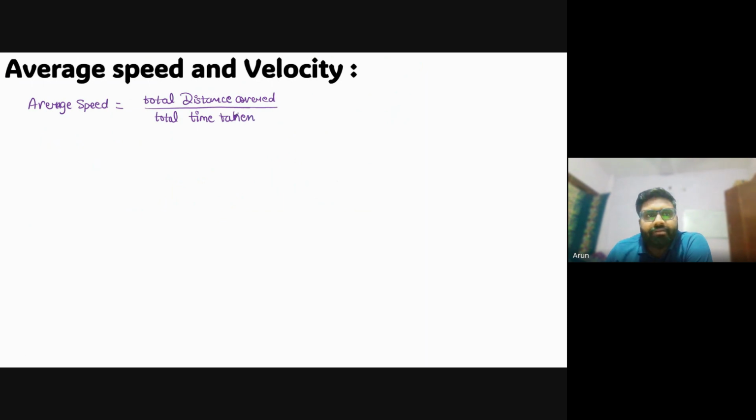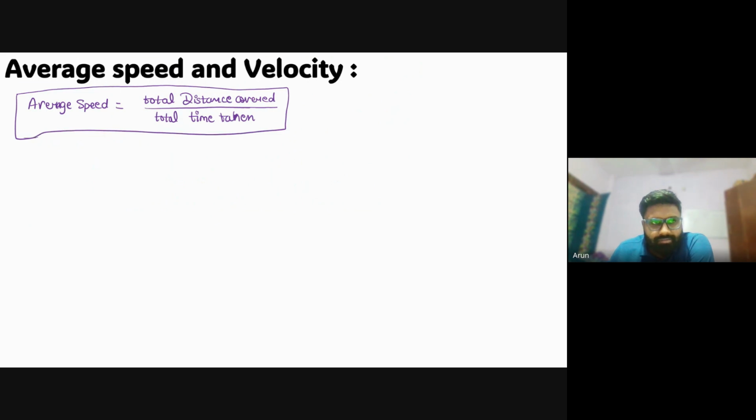Okay. And for the average velocity, this is for average speed and this is for average velocity. What should be the formula?